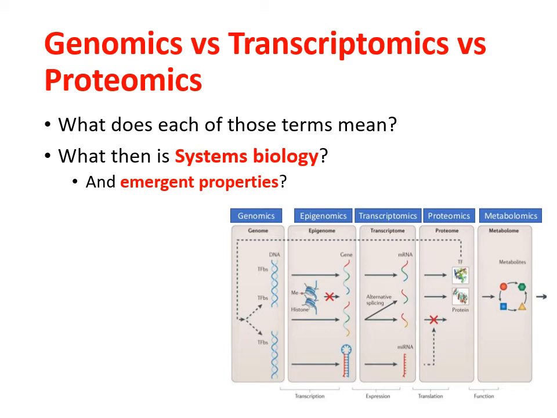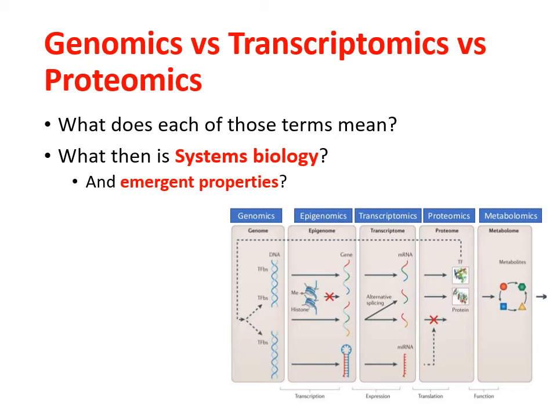A big part of systems biology is emergent properties. Emergent properties is basically the idea that some properties you have are the product of a whole bunch of things, rather than just one simple part of organization.